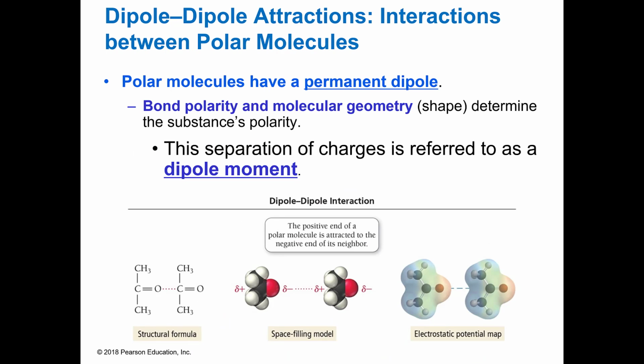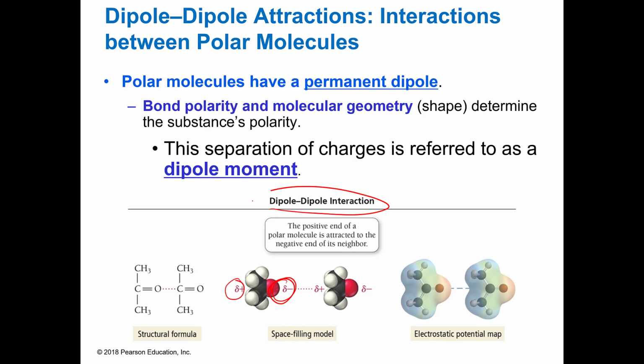The permanent dipoles, as we see, are where you have bond polarity. Your molecular geometry determines that you have the polarity in order to do this. What happens is that you have an accumulation of negative charge, as in electrons, on one end of a molecule, which makes the other end slightly positive.